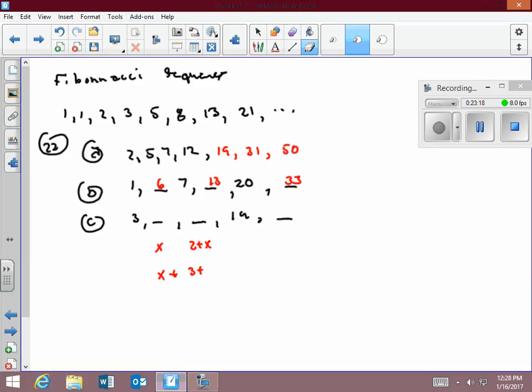So that's equal to 19. So then you get 2x equals 16. x is going to equal 8. So then this is 8. And that makes this one 11. Makes this one 30.